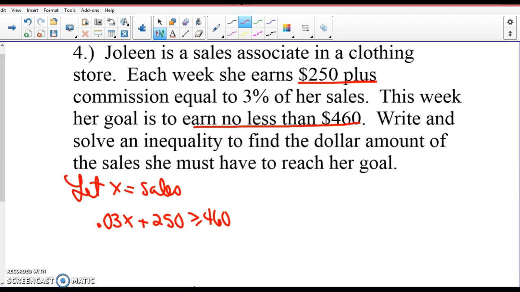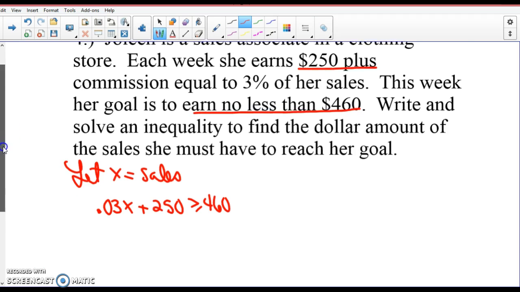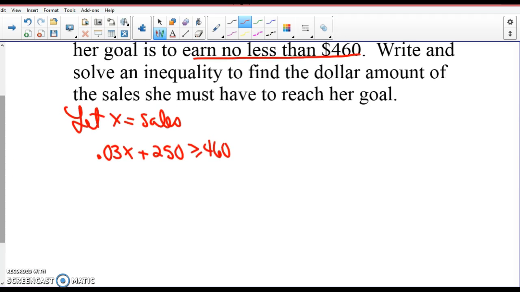If you have a sales job and you get commission, aren't you going to want to know how much you need to sell to make whatever it is you want to make? Right? This is a real life application of percents, inequalities, equations, whatever you want to call them. And Justin is exactly right. 3% of the sales is 0.03x plus her 250 has to be greater than or equal to 460.